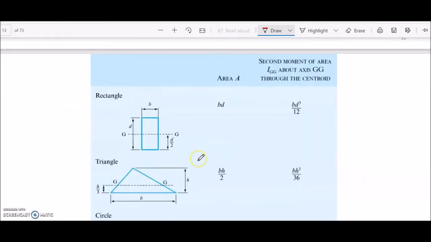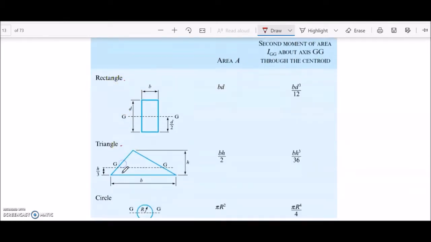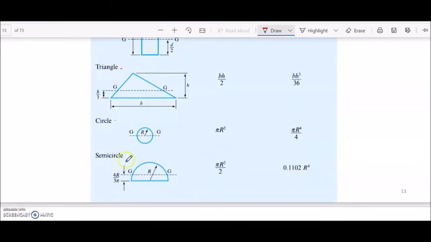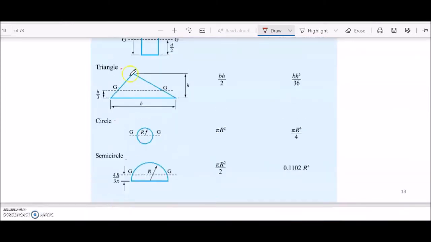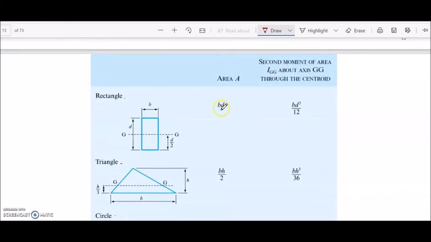Again, we have different types of area, for example rectangular, triangle, circle, semicircle. You already know how to calculate the area for each of these shapes. For example, for the rectangular, we have b times d, the width times the depth.